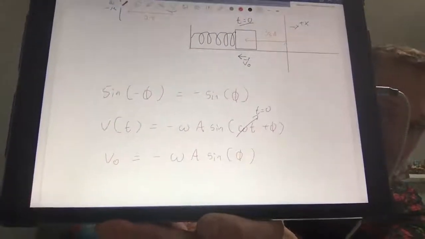Nope, the other one. It's not negative. The phase angle must be positive, because a positive phase angle plugged into a negative sine function will give us a negative initial velocity.